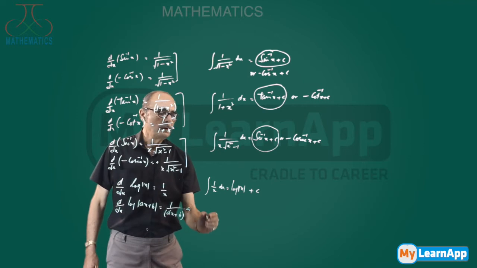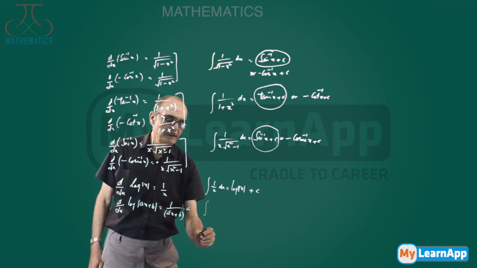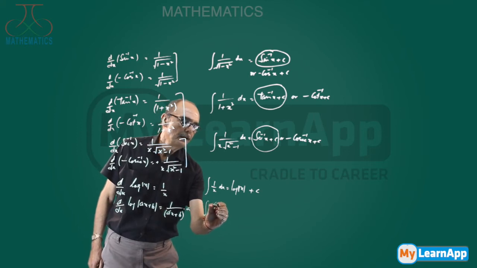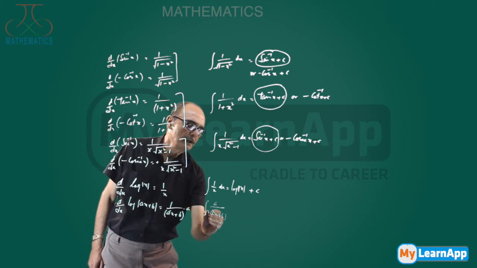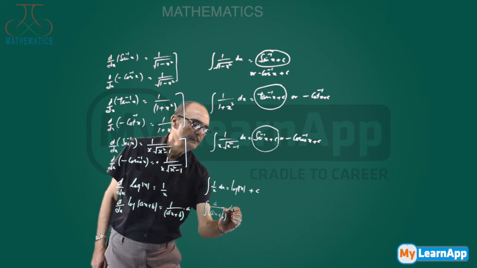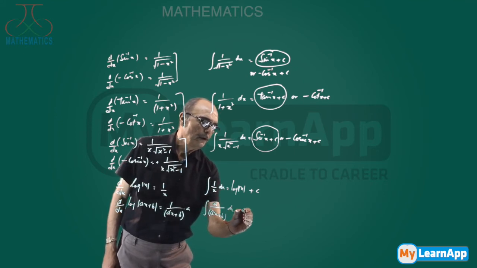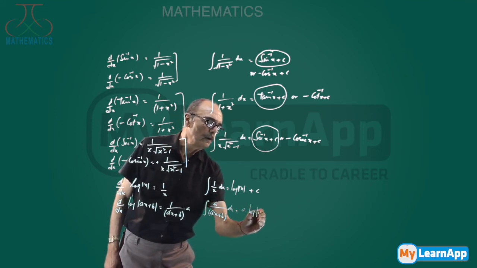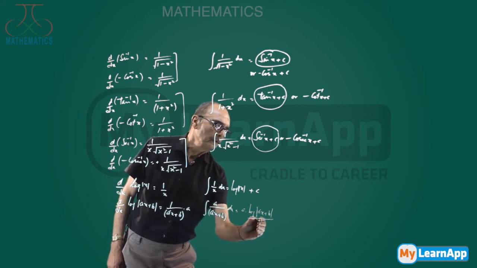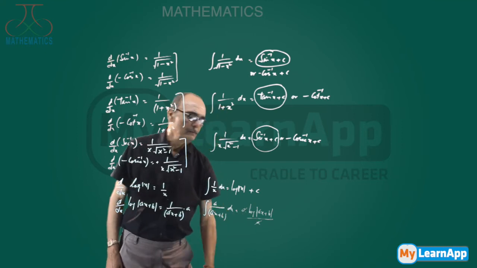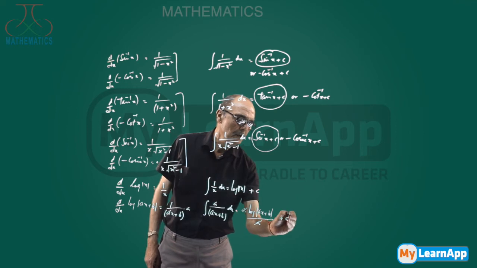So, integral of a upon ax plus b dx is equal to log of ax plus b, divided by a, plus c.